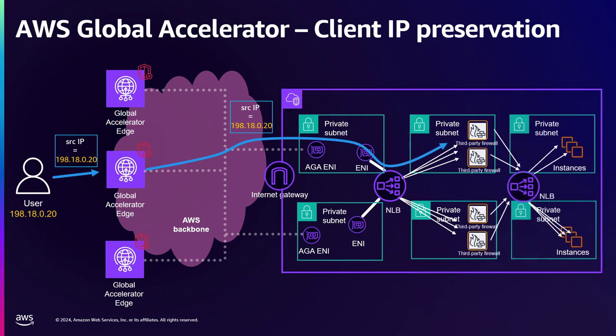The only option is to bring third-party firewalls and make them the target of your first network load balancer. That way, the third-party firewalls will see the real client IP address and will be able to make a decision on the IP address if that's what you need to do. And then from there, those third-party firewalls would be forwarding the traffic to the next layer of your load balancer and actual backend targets.